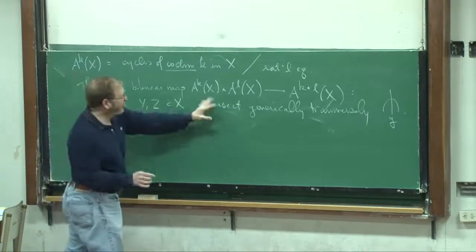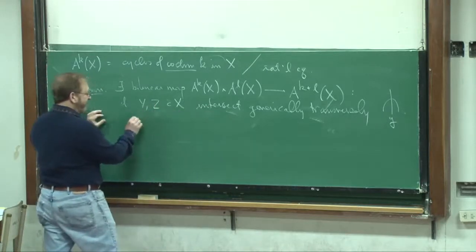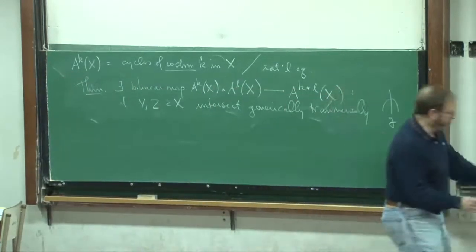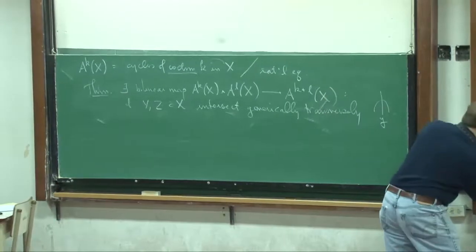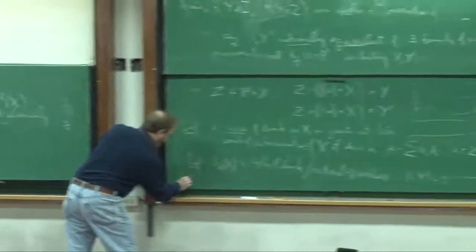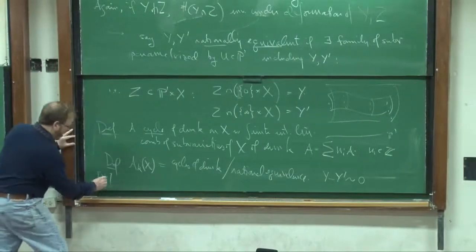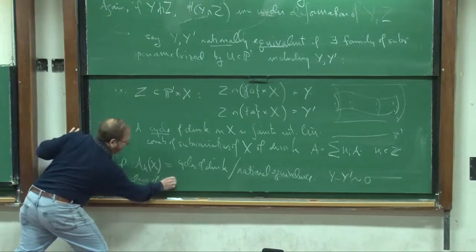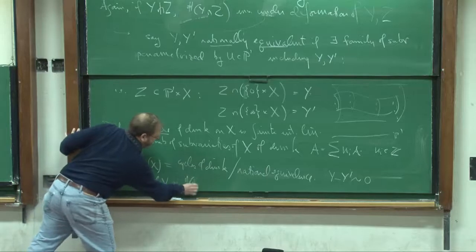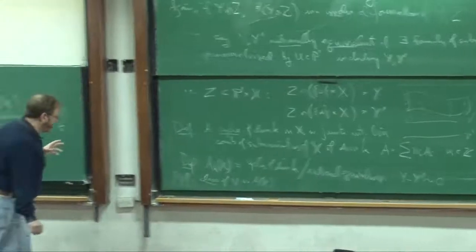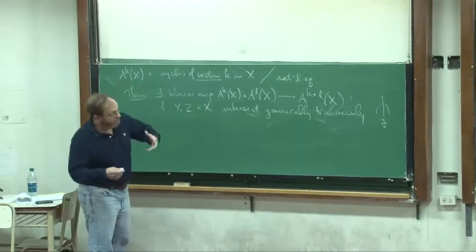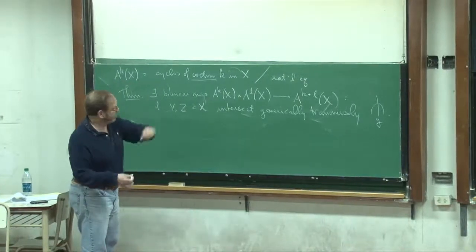So if I have two subvarieties, what I want to say is that the class, now here, I'm going to introduce one bit of notation. If Y is a subvariety, then by square brackets Y, I'm going to mean the class of Y in A of X. Okay, so that's just the cycle Y, or the subvariety Y, modulo the rational equivalence.